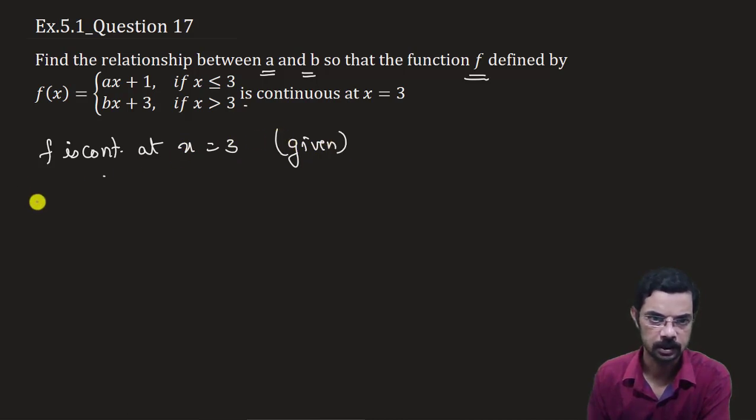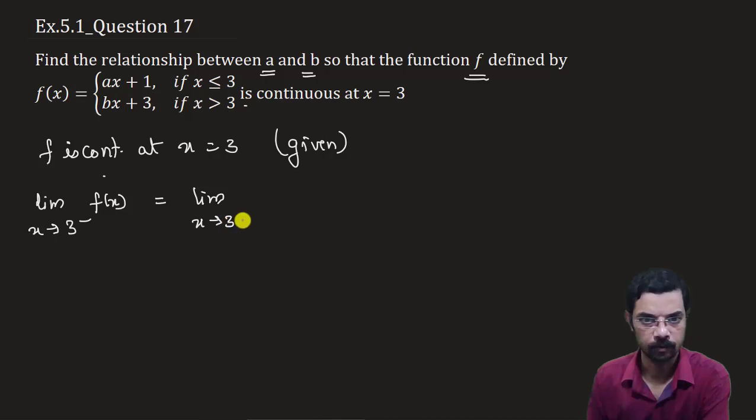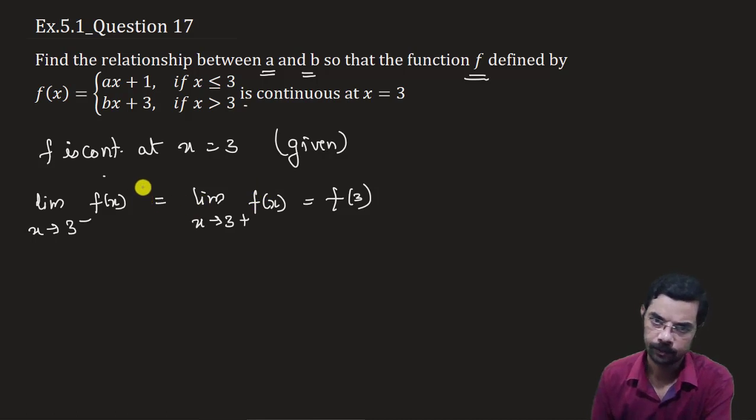It means that limit x tends to 3 from the left, f of x should be equal to limit x tends to 3 from the right, f of x, which is again equal to the value of the function at x equal to 3. Now let us find each one of them.